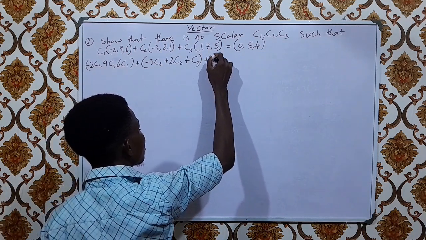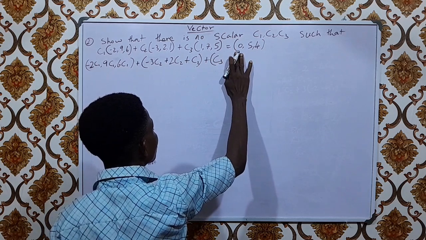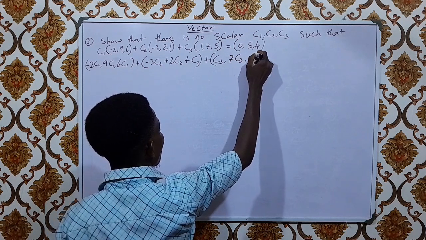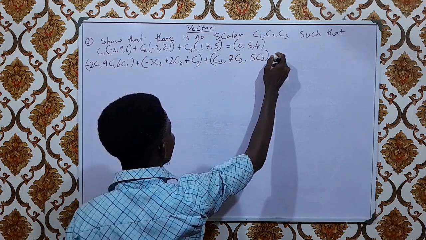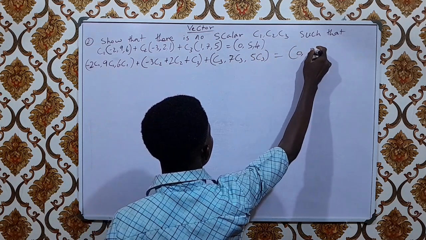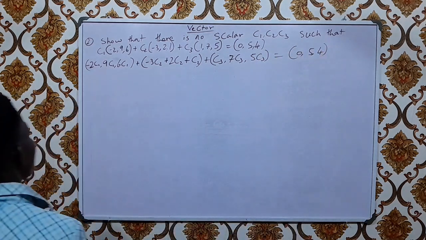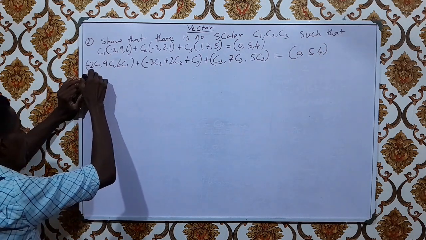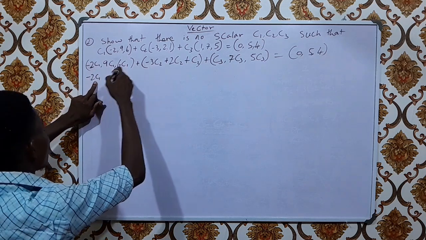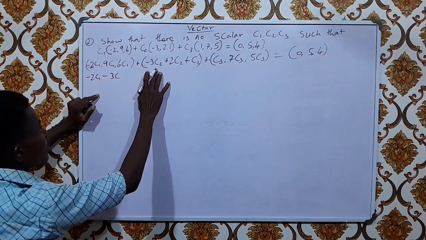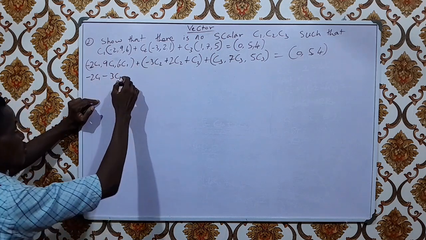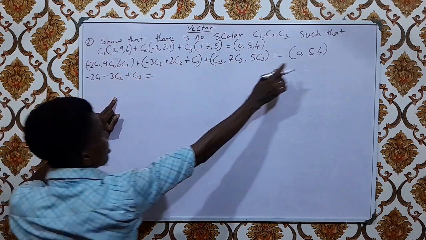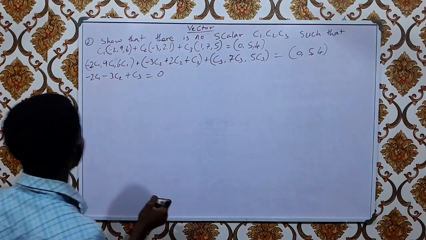Plus C3 plus 7C3 and 5C3 will give us 0, 5, 4. We add one after the other: minus 2C1 minus 3C2 plus C3 is equal to 0.